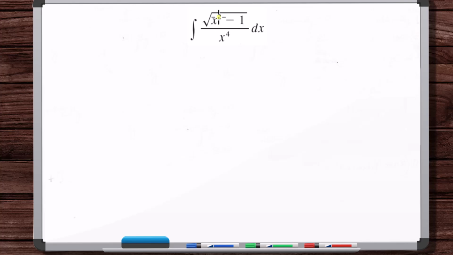into that form. So if you had 9 minus (x plus 1) squared, then if you said that u is equal to x plus 1, you'd have 9 minus u squared, right? So you're looking for an expression like x squared plus or minus a squared, or a squared plus or minus x squared.